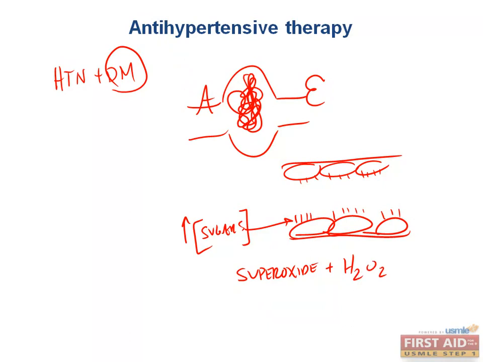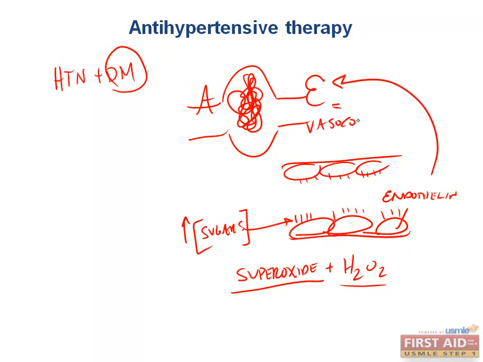This combination of increased oxidative stress due to the production of superoxide and hydrogen peroxide and the release of vasoconstrictive substances such as endothelin-1 by damaged endothelial cells will result in severe vessel damage and vasoconstriction. So this gives us vasoconstriction of the efferent arteriole.